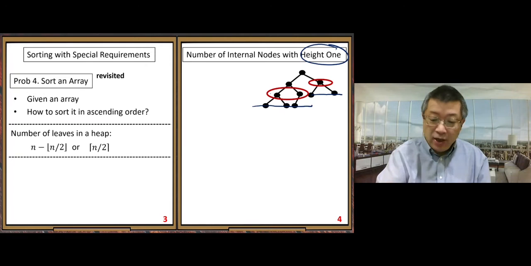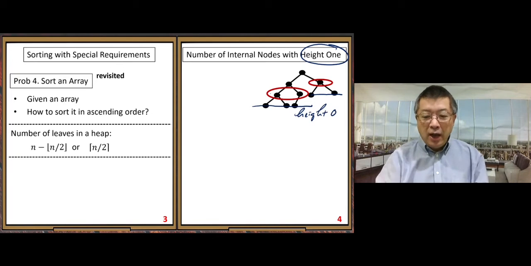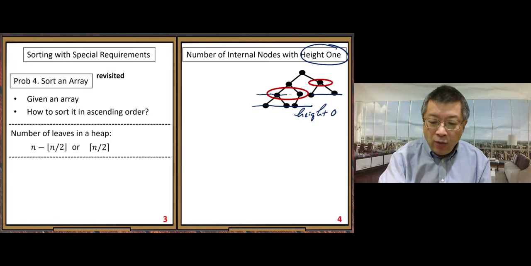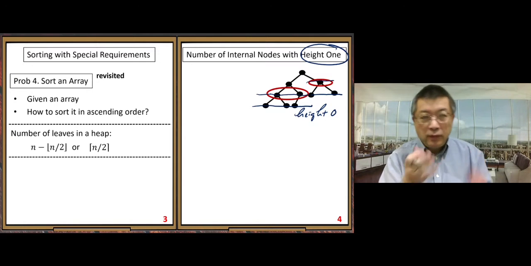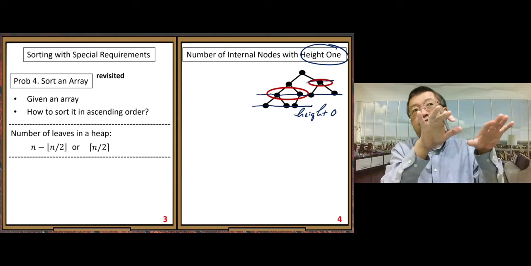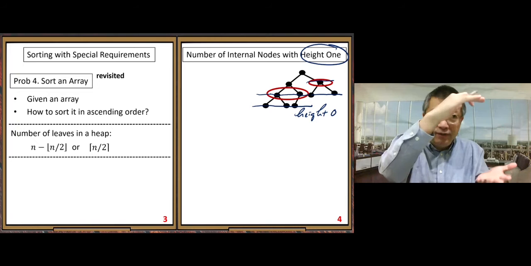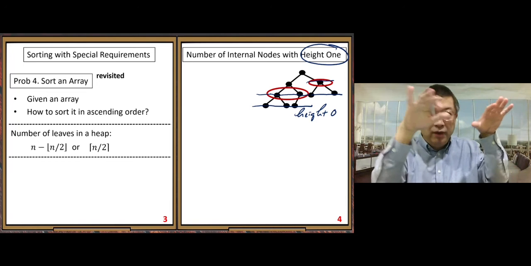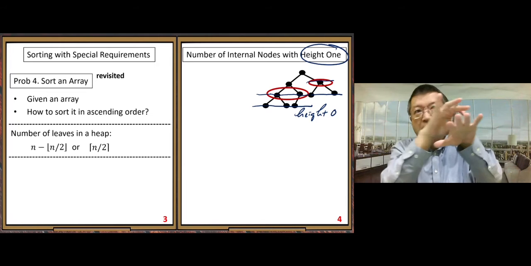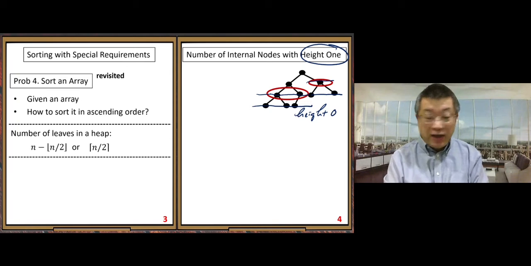So leaf nodes have height 0. Okay. Height 1 is one edge above height 0. So height 1 level. All right. So that's the height.